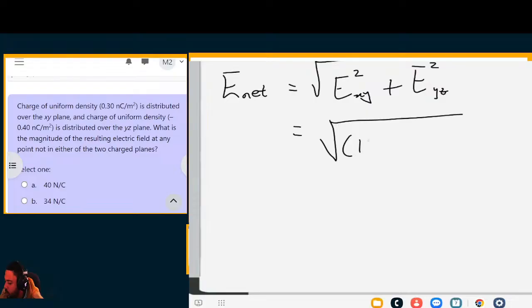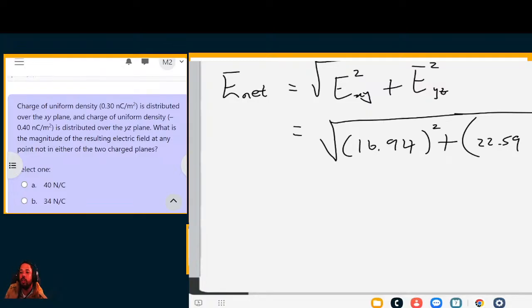So it will be 16.94, if I remember correctly, squared plus the other one was 22.59 squared. Let me see if it is fitting. It's not. 22.59 squared.